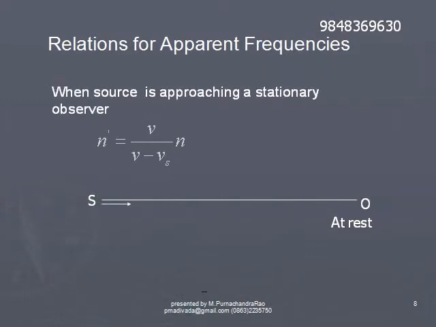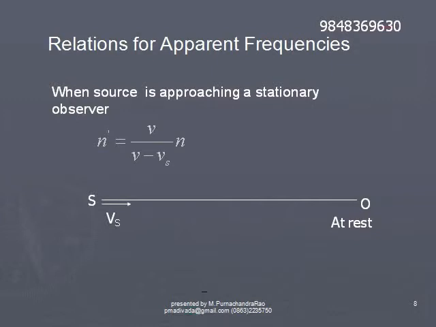We learned that the observed frequency is less or more depending on the motion of the observer and the source. Let us take mathematical relations that are used in calculating these frequencies.